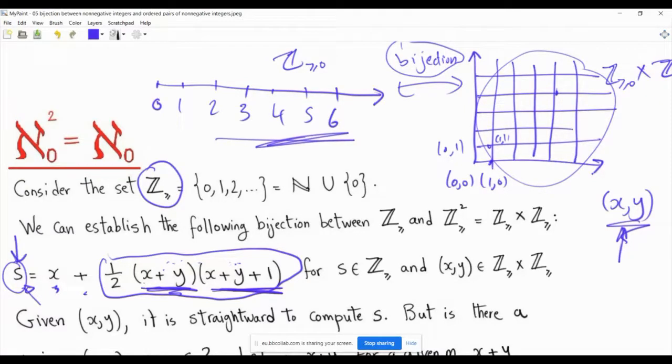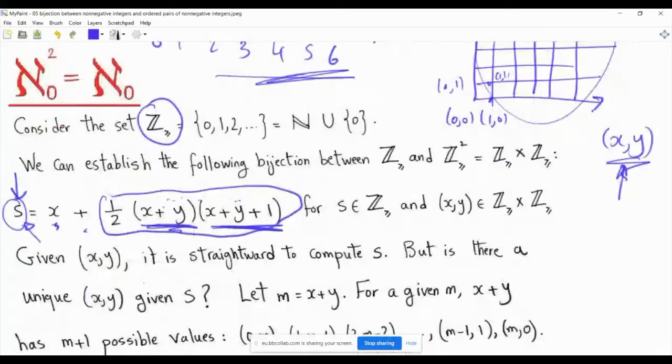But x and y are not real numbers. x and y are non-negative integers, and we will see now that there is exactly one solution. We don't have the case of no solutions, nor two or more solutions; we are in the situation of one unique solution. Okay, so how can we do this?